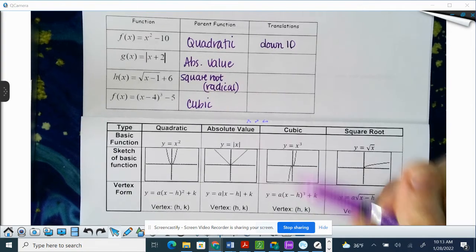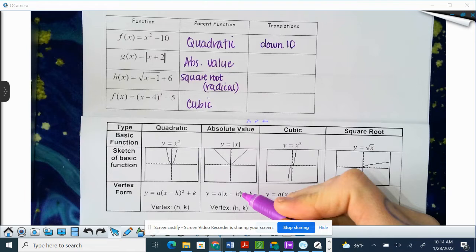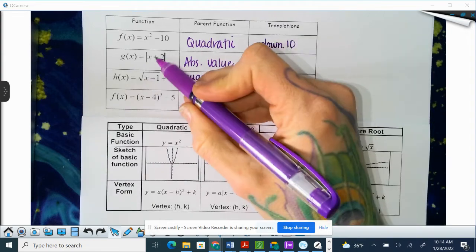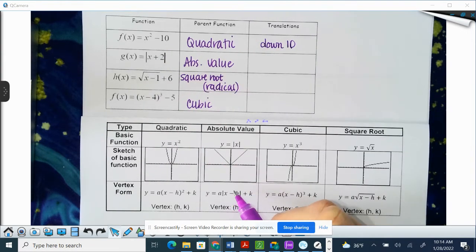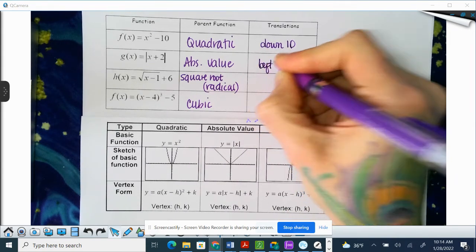Your absolute value, that is inside the absolute value. So that's your H value, which does control left and right. So then it says plus 2 though. That plus 2 means that it was a negative. So it's going to go to the left, about right down, left 2.